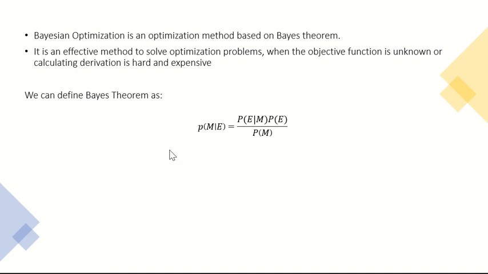Bayesian optimization is based on Bayes' theorem, and it is a really good method for optimization problems in which we face an objective function that is unknown, or calculating its derivatives is too expensive, or we do not have a closed form of our objective function. It is really efficient for this kind of probability optimization problem.